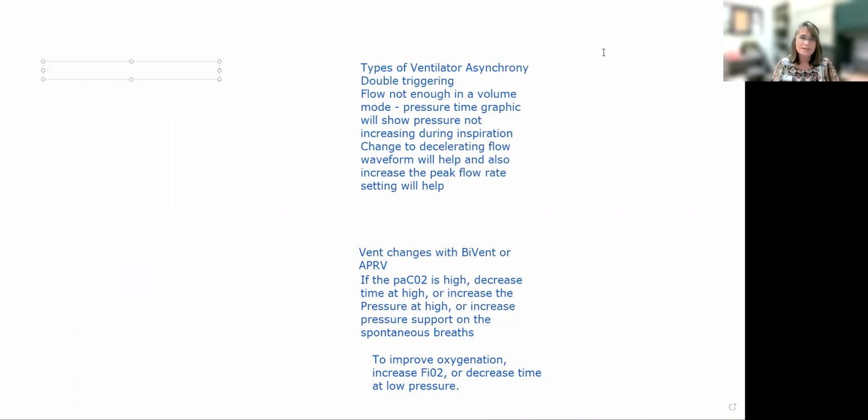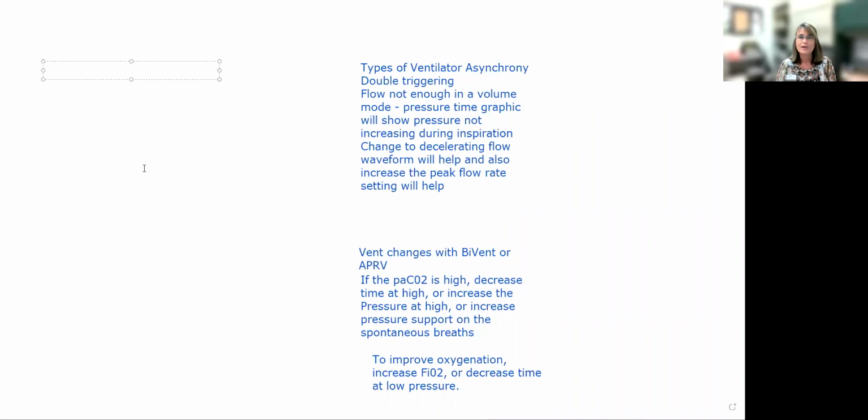So there's questions on volume support. But again, I was telling you, make sure you go through all your modes. If the patient is in volume support, how do you know how much pressure support is being used for their tidal volume to be achieved?